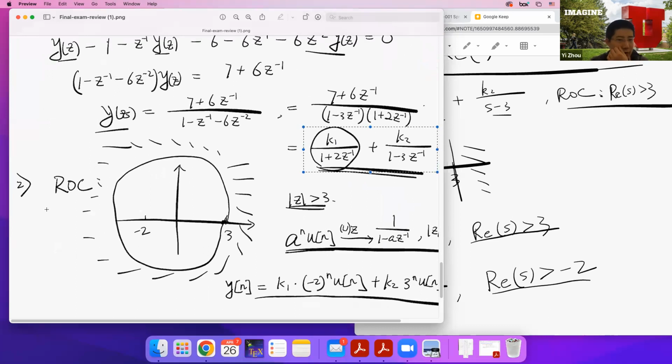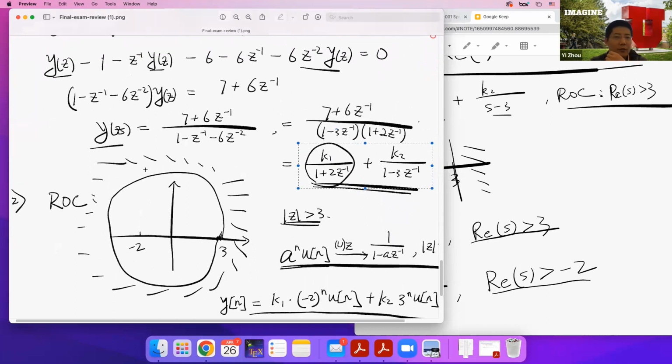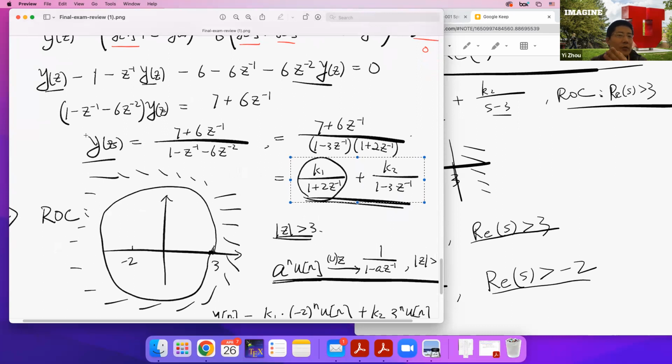And the second question, I think, is to find the inverse corresponding to this unilateral Z transform. As we discussed before, for the unilateral transform, we don't need to explicitly know the region of convergence. The ROC can be inferred from the unilateral Z transform.